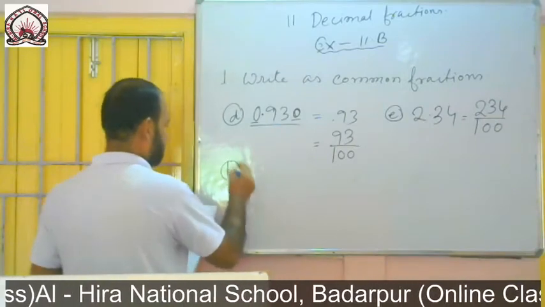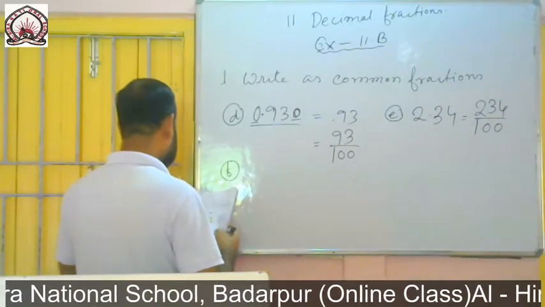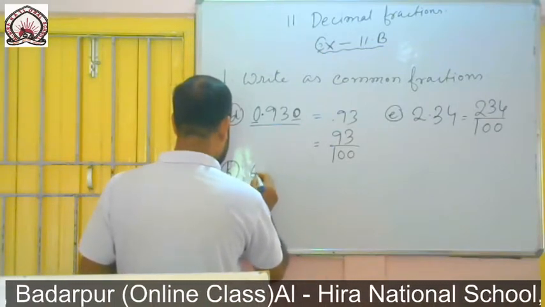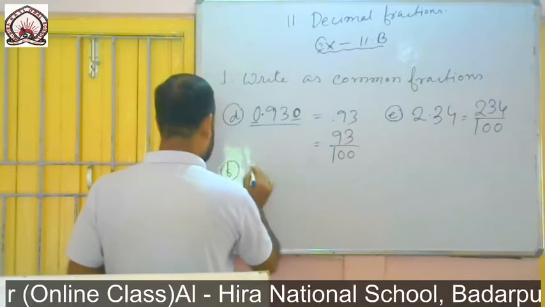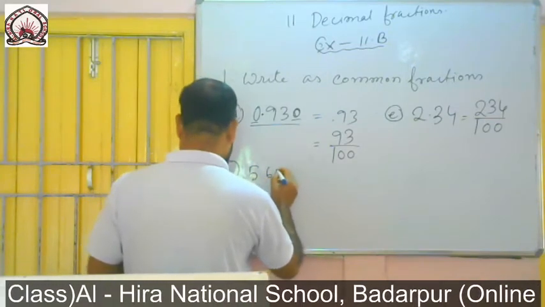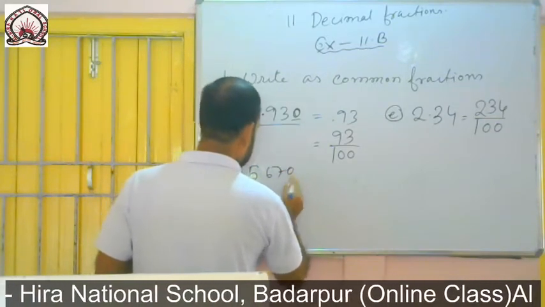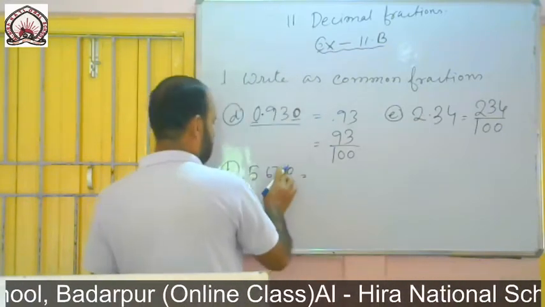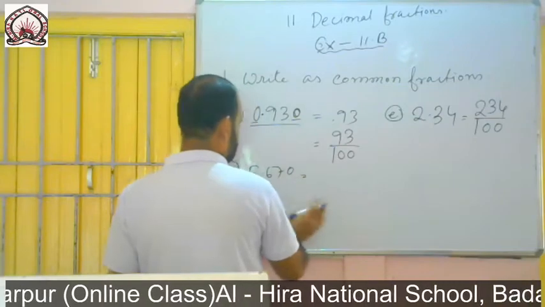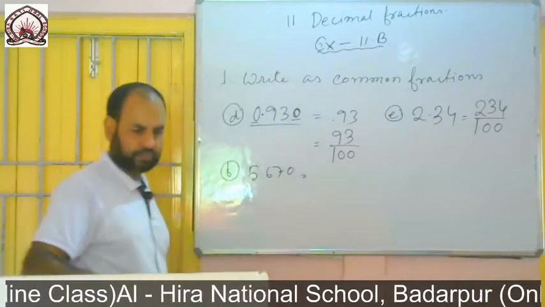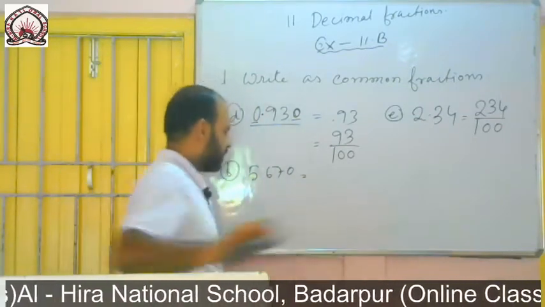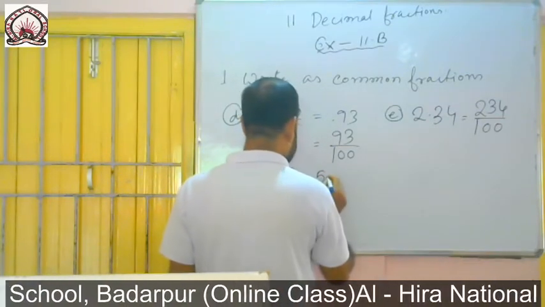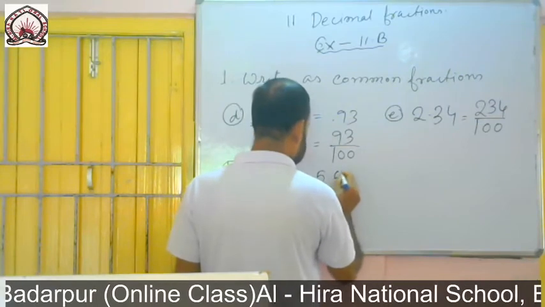Next, question number F. 5.670. We remove this 0 before making the common fraction. If we remove this 0, then 5.67.